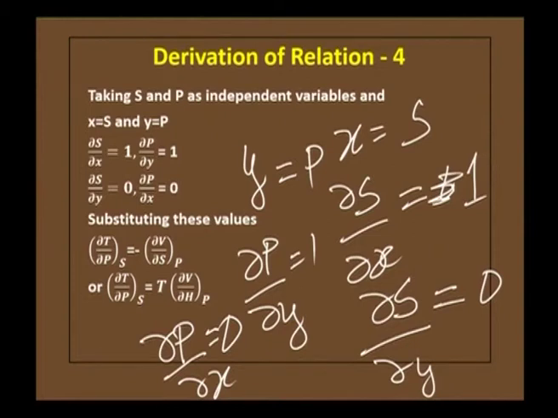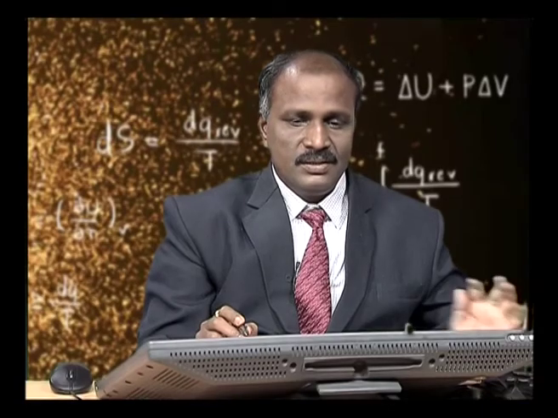So, therefore, here we have ∂s/∂x is equal to 1, ∂s/∂y is equal to 0, ∂p/∂y is equal to 1, ∂p/∂x is equal to 0. So, putting all these values in the previous equation, I get ∂t/∂p is equal to minus ∂v/∂s at constant pressure. Therefore, ∂t/∂p is equal to t into ∂v/∂h at constant pressure.